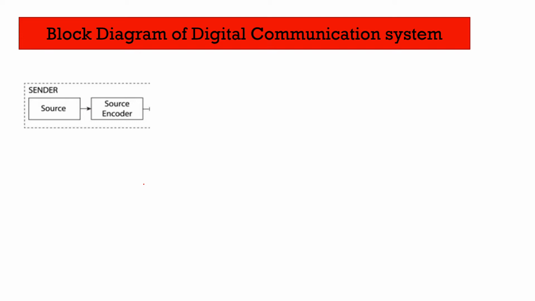The next block in the basic model is the source encoder. The input signal coming to the source encoder is an analog or discrete signal.